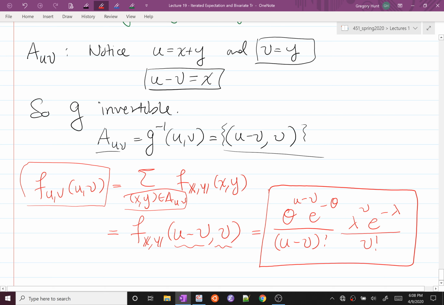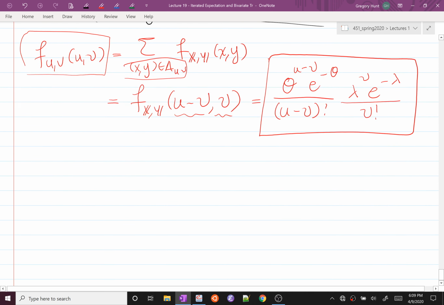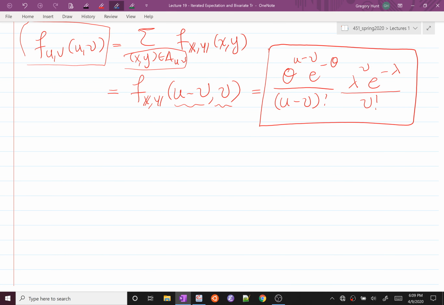of u and v. Now, a good question is, why do we care about the joint of u and v? Why do we care about this transformation? Well, we may or may not. A very useful thing about this example is, if you recall, u is x plus y, and v was just y.